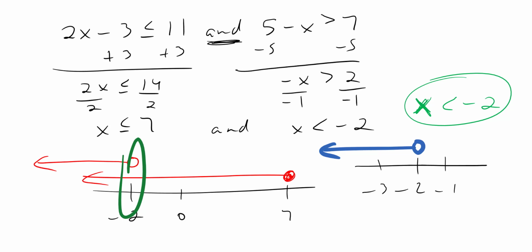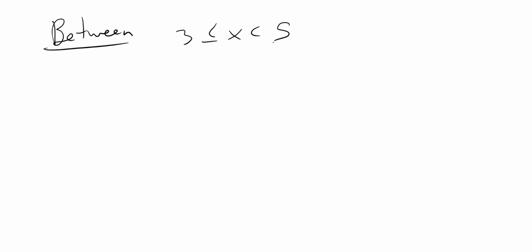Okay? All right, so let's do a couple between problems. We already know what between looks like, right? If I have a between, it's going to be x is less, something like this. And if I gave you a graph like that and said go ahead and graph it, you should know that you put a 3 here.